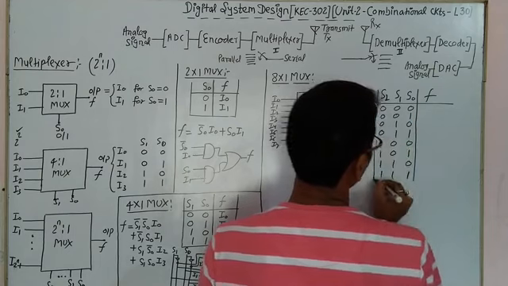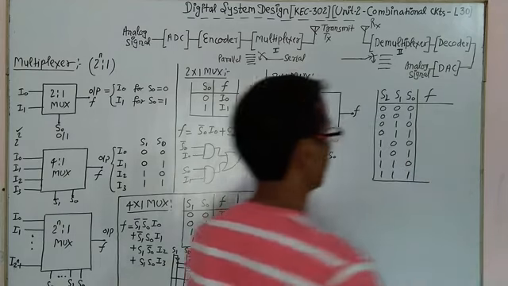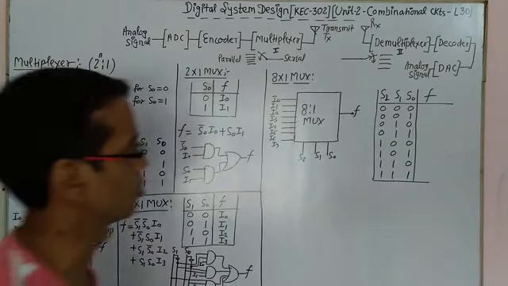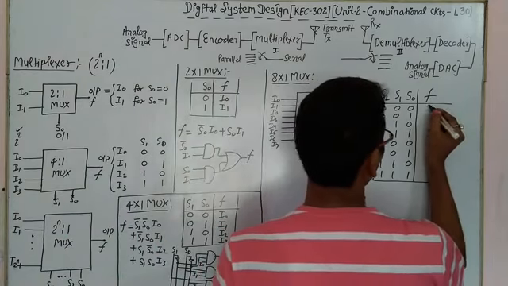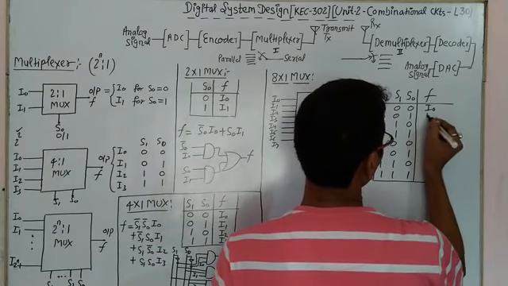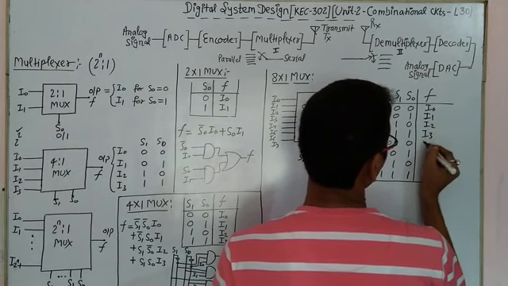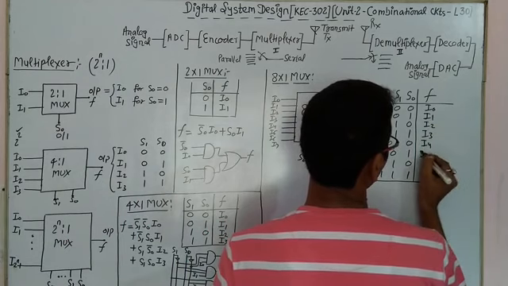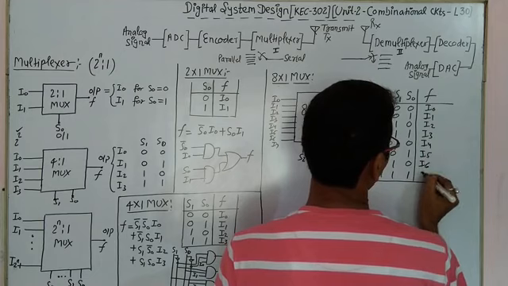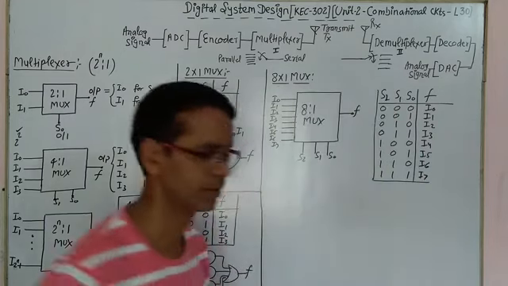For 0 0 0 the output will be I naught. Similarly I1, I2, I3, I4, I5, I6 and I7.